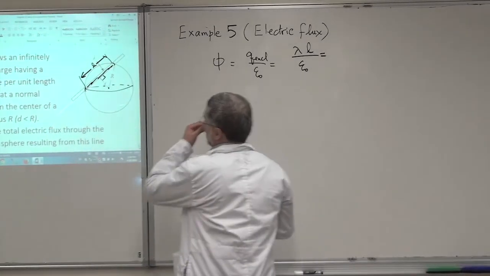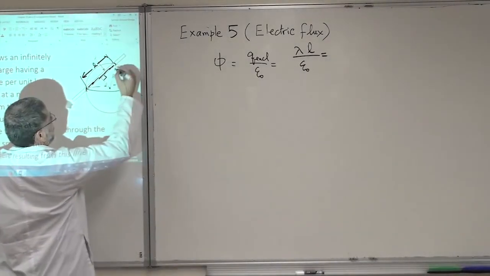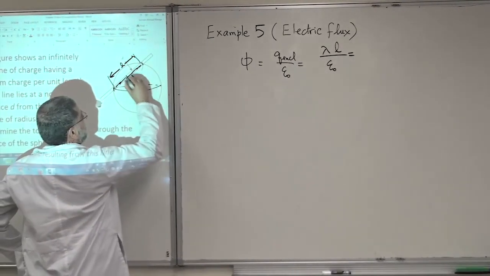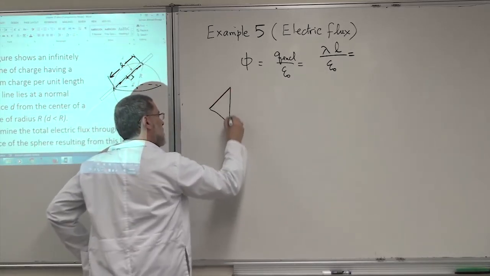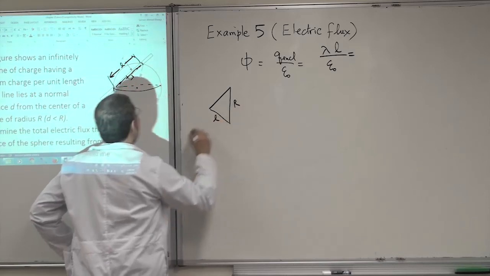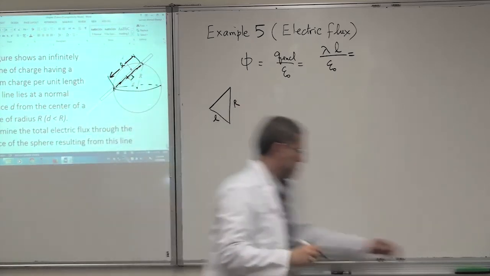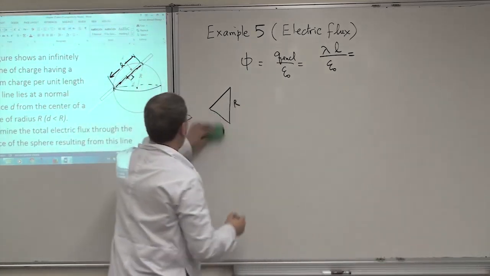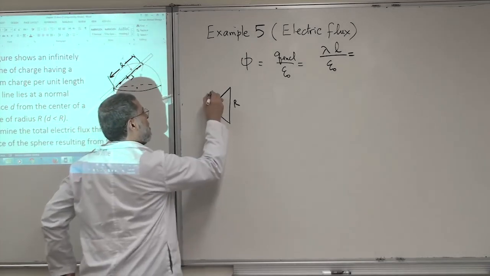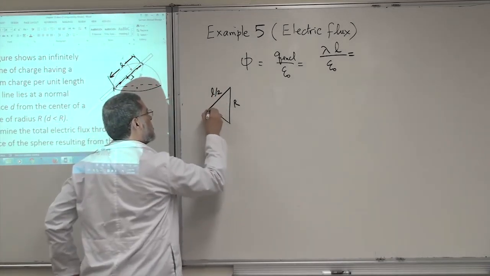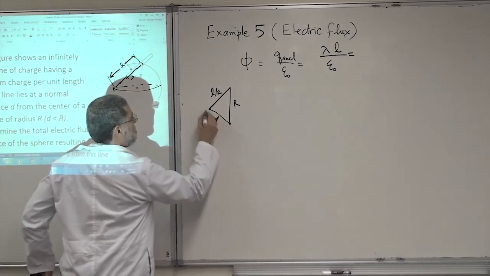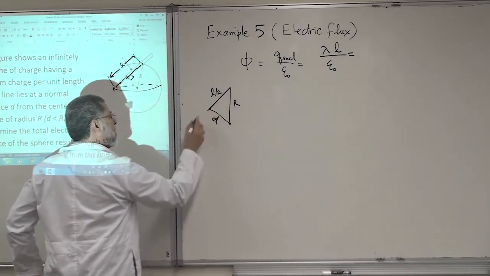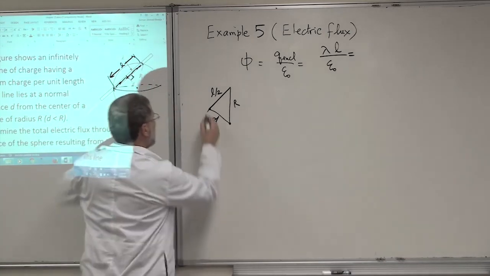Using Pythagoras, we can see this is a right triangle. This is R, this is D, and this is L over 2, because the center of the sphere is here. I'm showing only one half, and this is the 90 degrees.